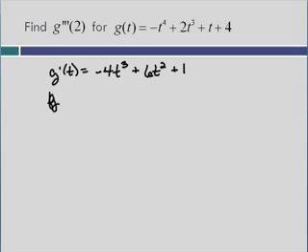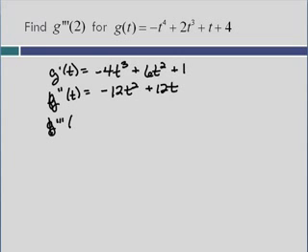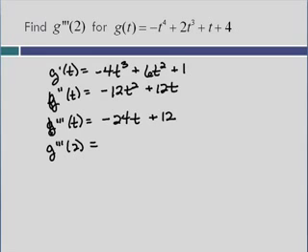Our second one will be negative 12t squared plus 12t. And then our third is negative 24t plus 12. So now if we substitute in the 2, we get negative 48 plus 12, which would be a negative 36.